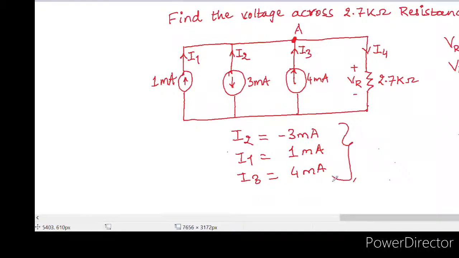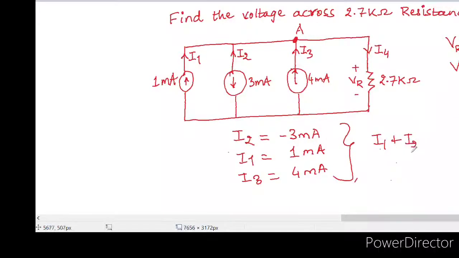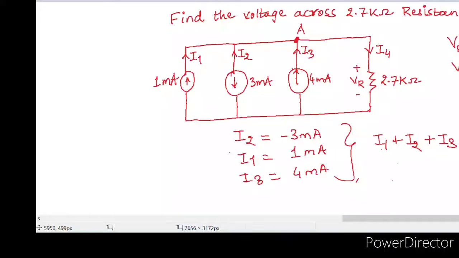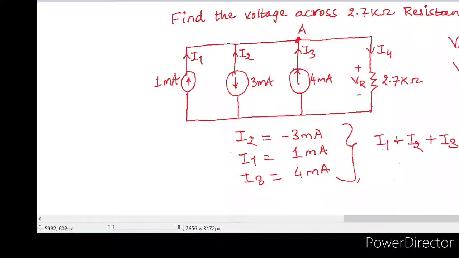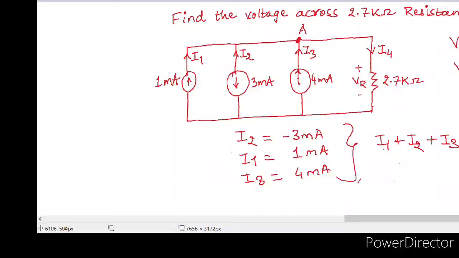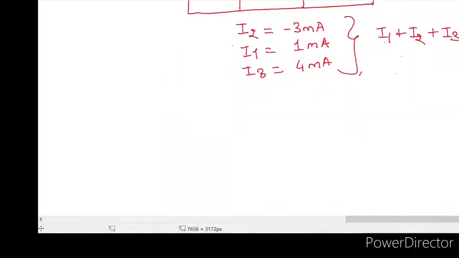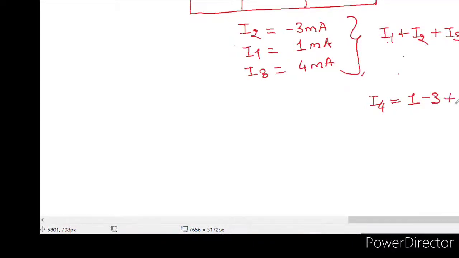Now, using Kirchhoff's current law, we can write I1 plus I2 plus I3 minus I4 is equal to 0, as I4 is leaving node A. Substituting the values of I1, I2, I3, we can write I4 is equal to 1 minus 3 plus 4 milliamperes.